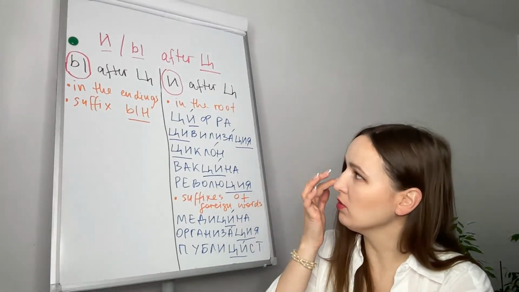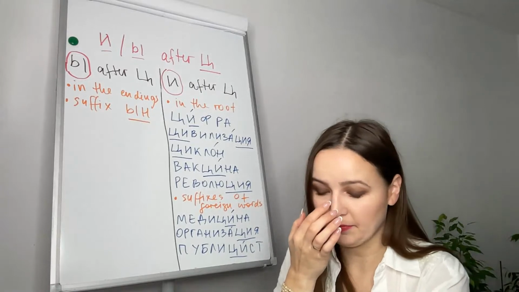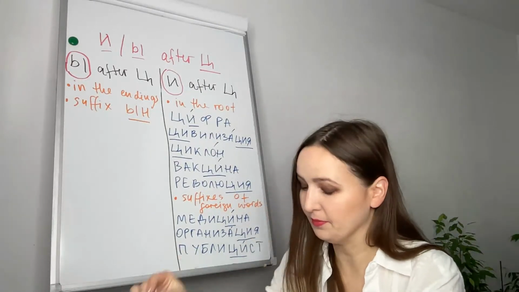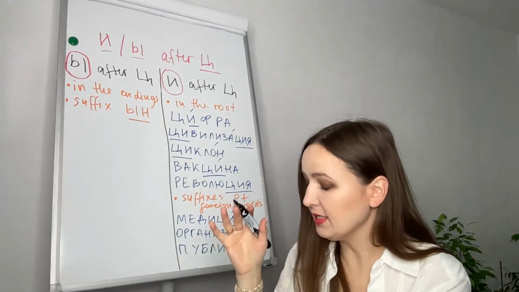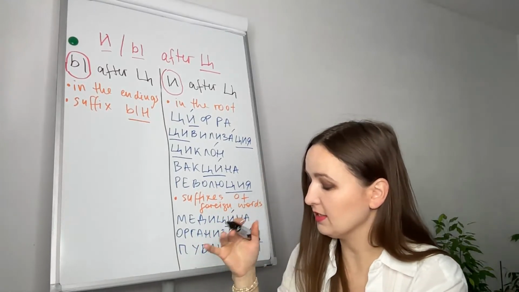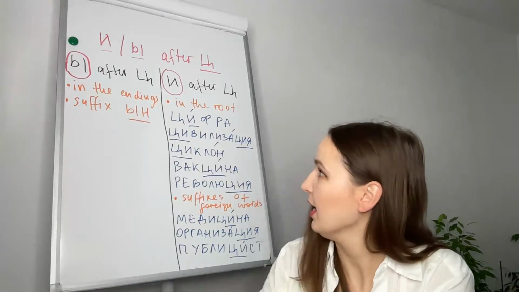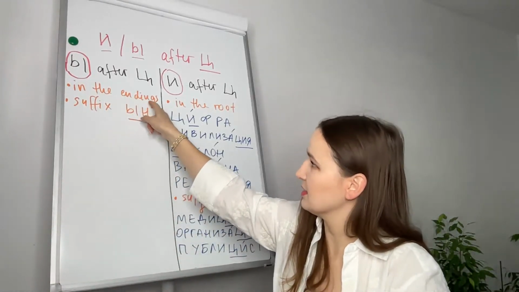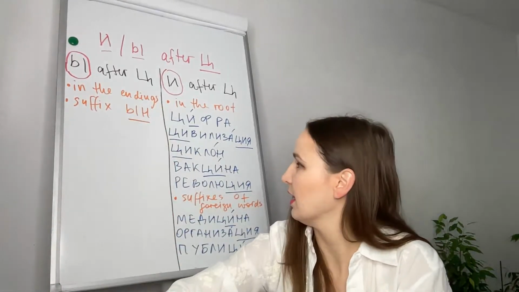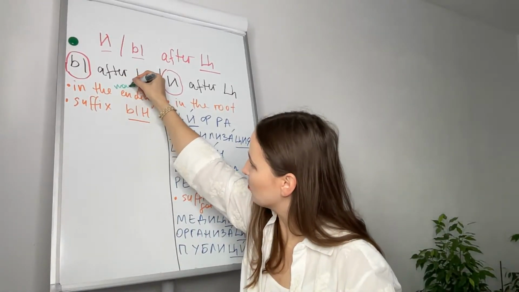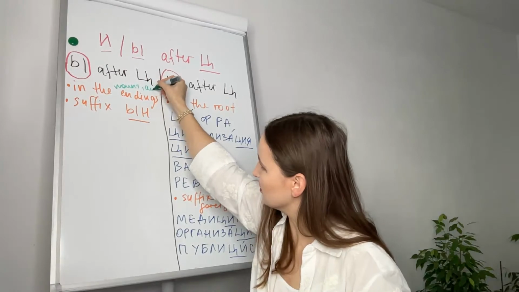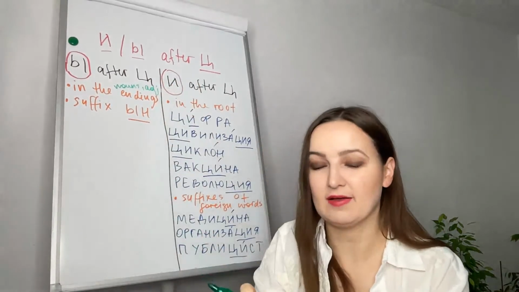Now let's talk about Ы after Ц. Так, возьмем черный фломастер. In the endings of nouns and adjectives. Давайте напишем.